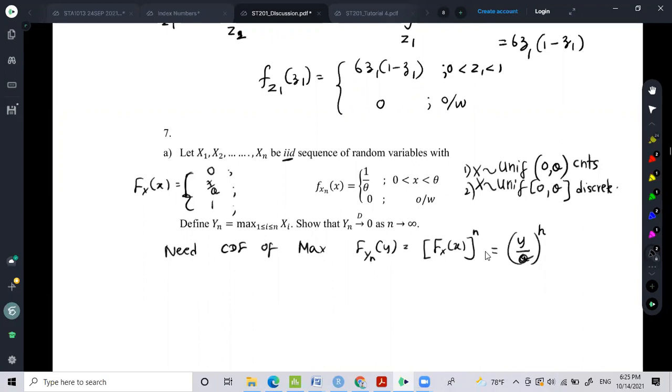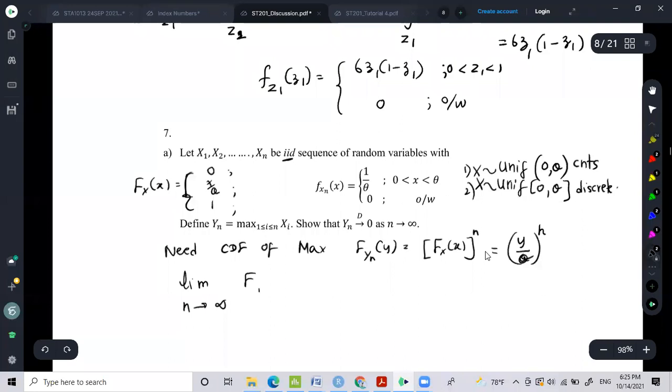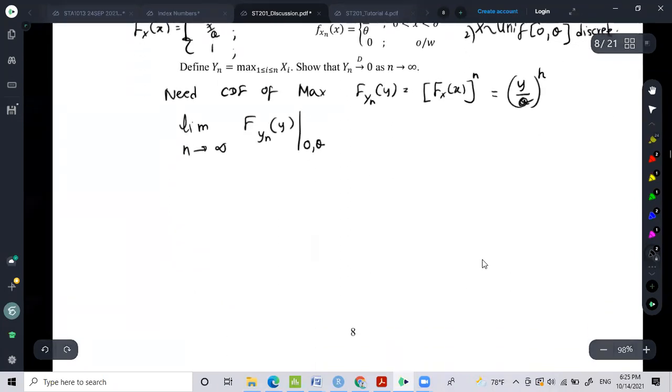Okay. So when you have to show convergence in distribution, you take the limit as n goes to infinity of the CDF of whatever variable you want. So this is from 0 to theta.